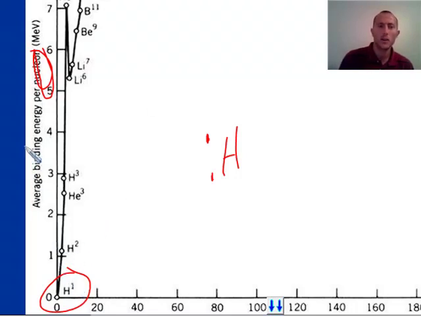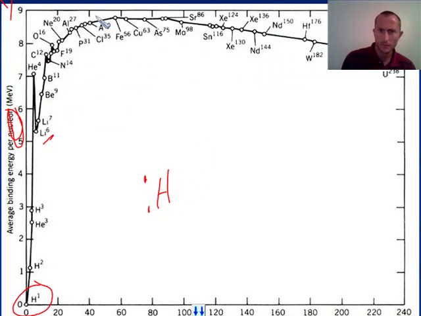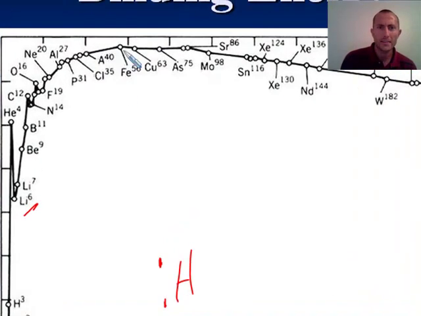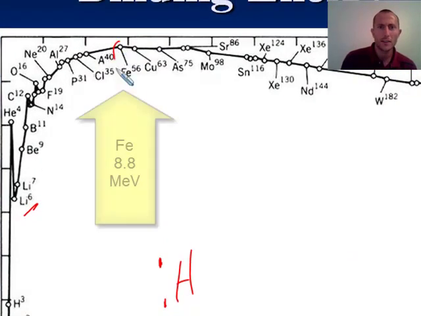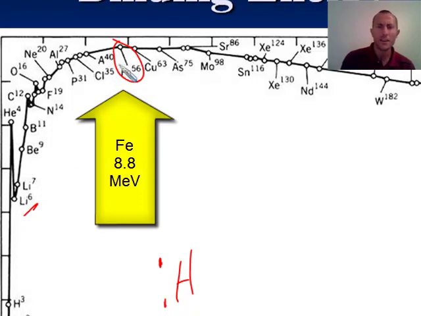From there we gradually go up through deuterium, tritium, our helium nuclei, and then we come back down to lithium, and we gradually build until we get a maximum binding energy at the atom of iron. So iron has the highest binding energy per nucleon of any other element.